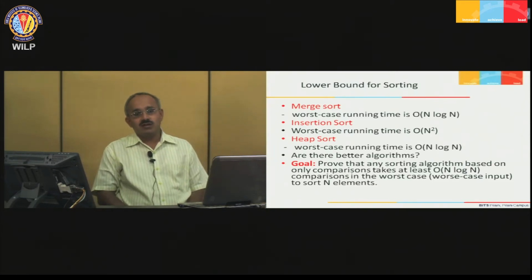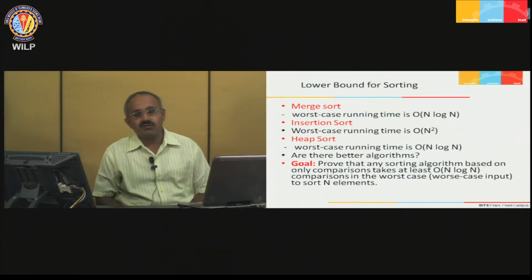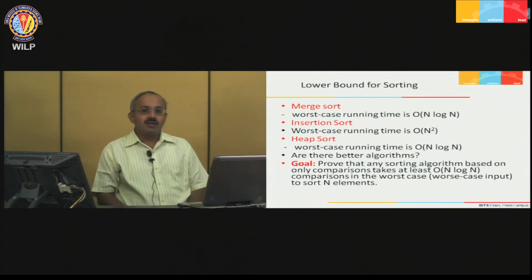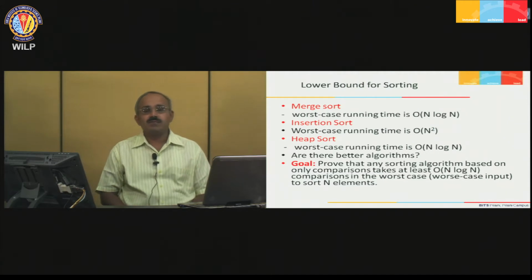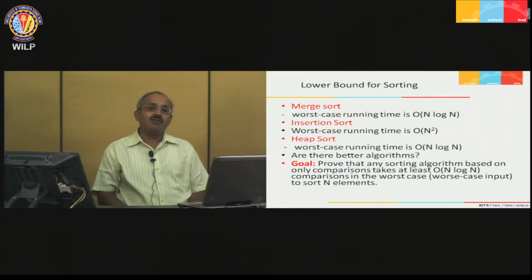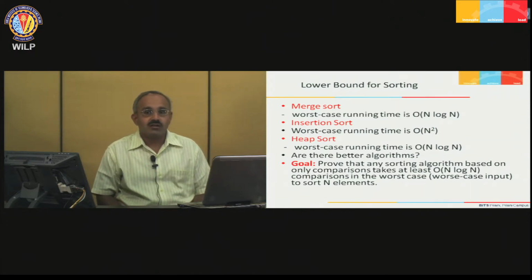We also saw that all these algorithms have different worst case complexities and best case complexities. I have just mentioned here the worst case complexities because usually, as we said, we are going to be interested in the worst case of an algorithm. So, merge sort we saw worst case was n log n, whereas insertion sort was n squared, and we also saw heap sort takes n log n time.